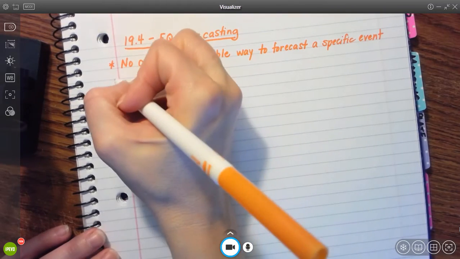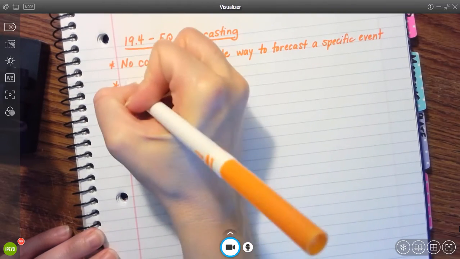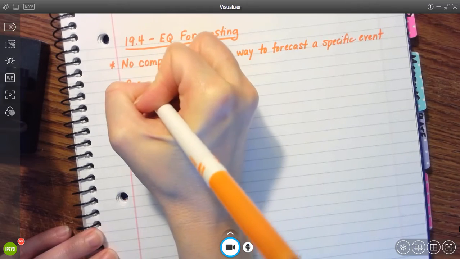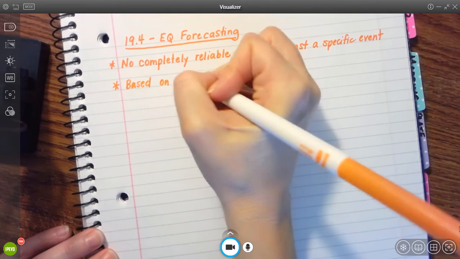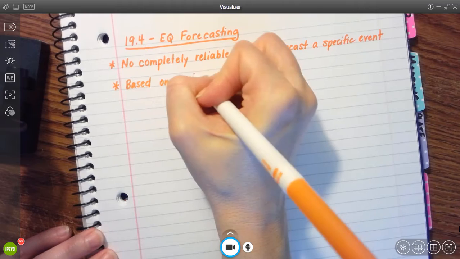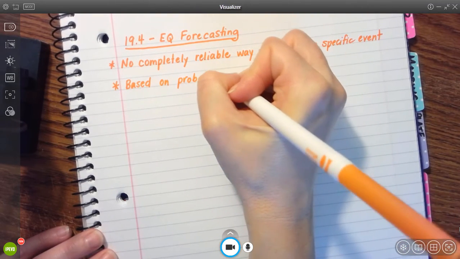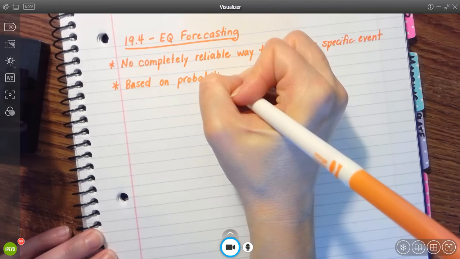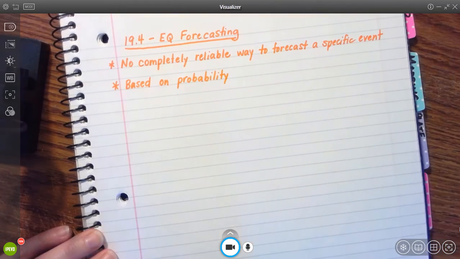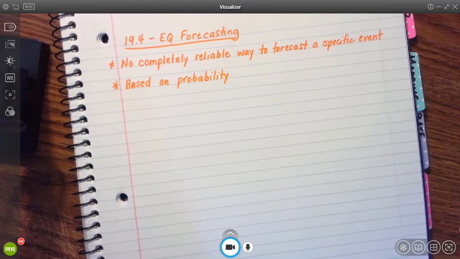But what we can do is base those predictions on probability. How likely is it that an earthquake will occur in a certain location and within a certain time frame? Probability is based on two things.